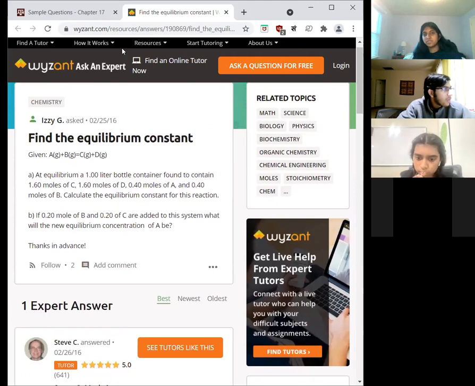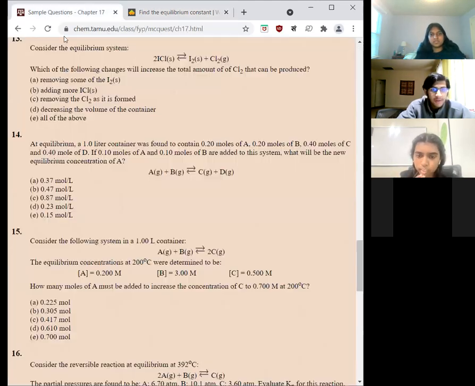Okay, it's kind of strange. Is it a typo there? Because if they're saying that you start off with 0.2 molar A and you add 0.1 moles of A, then isn't the final just 0.3 moles of A? No, because then it wouldn't be at equilibrium.